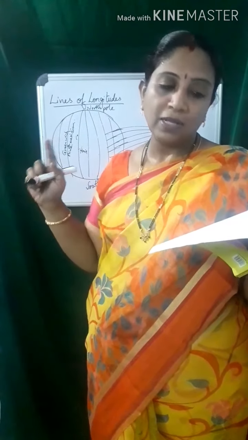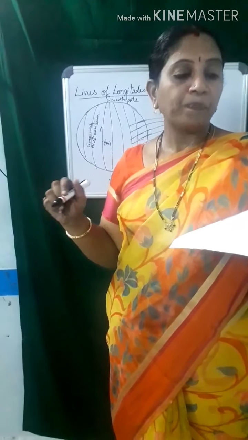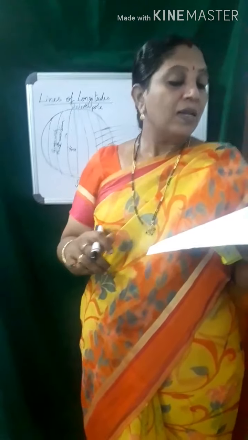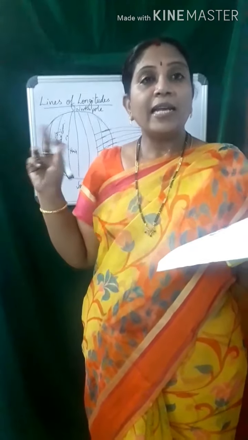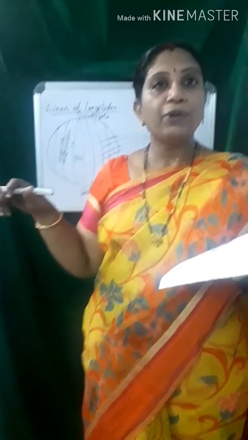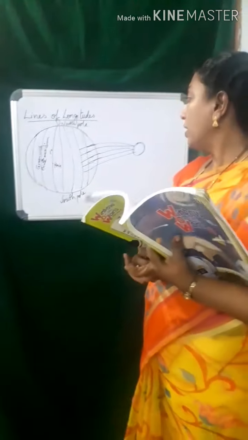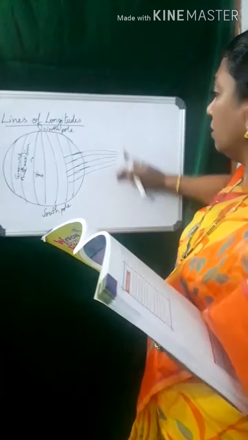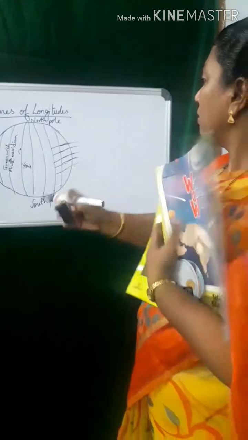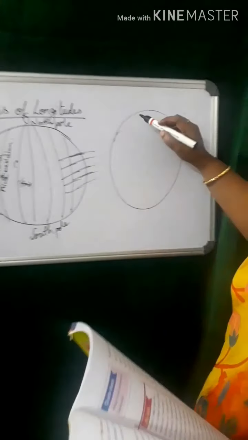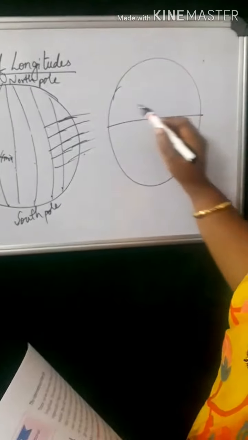I told you no before? Okay. Now let us see about the earth grid. In yesterday's class, I already explained to you about the grid. Grid is nothing but, children, here, suppose this is your earth and this is your equator.